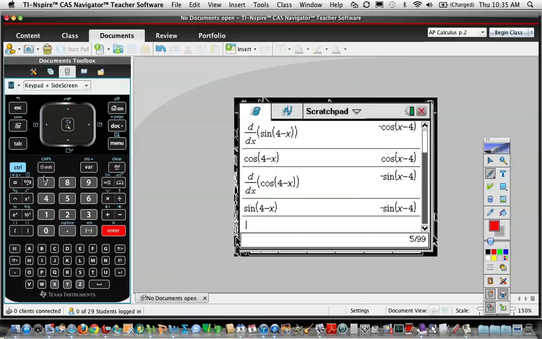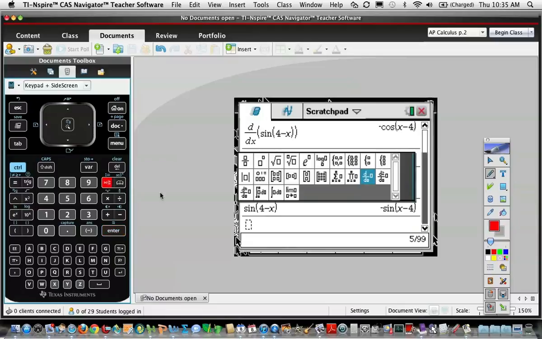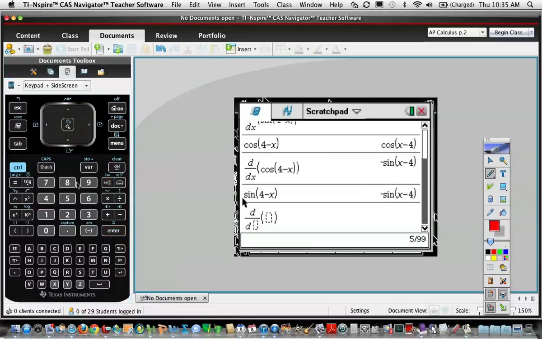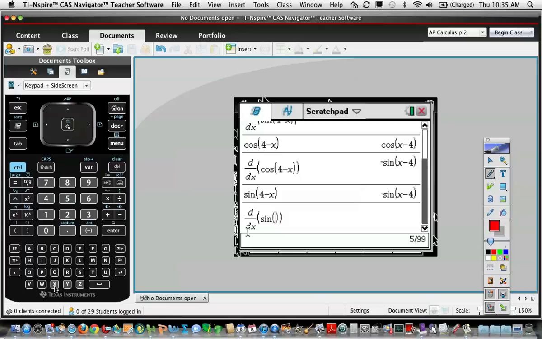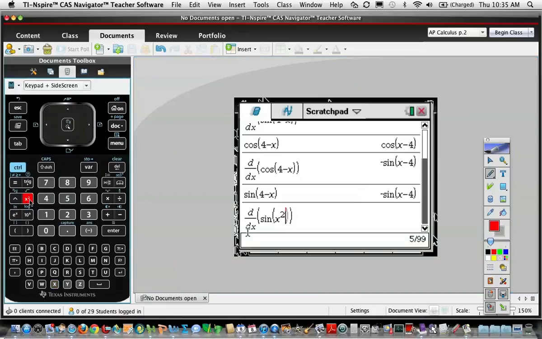All right. So don't get ahead of me here. Big surprise at the end here. If I do sine of x squared, don't hit enter. Don't do it. What do we expect, or what do we think the answer might be?